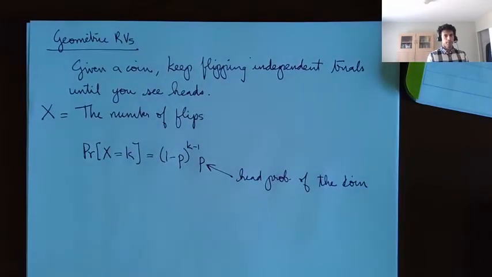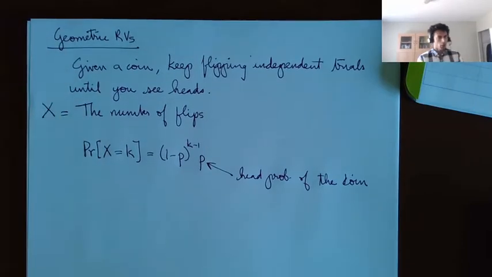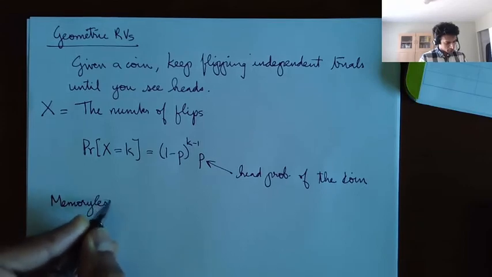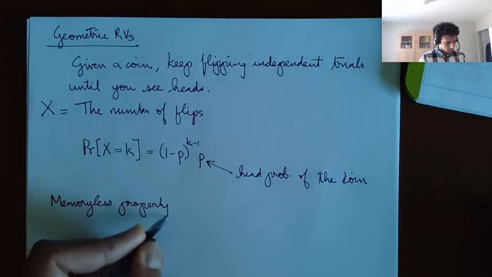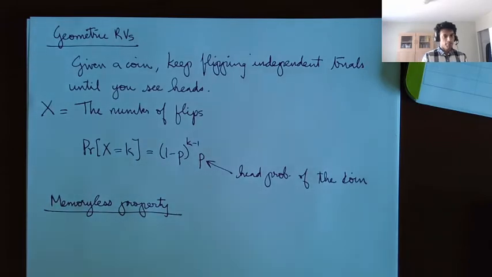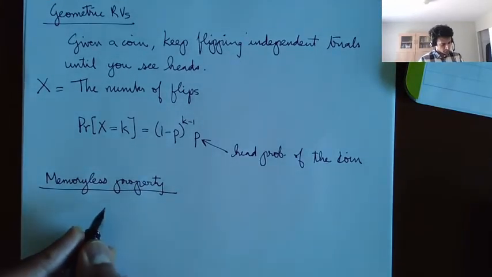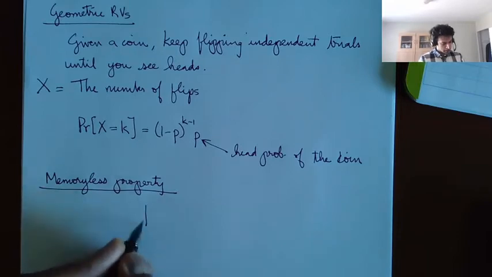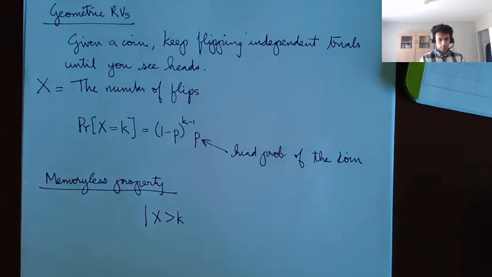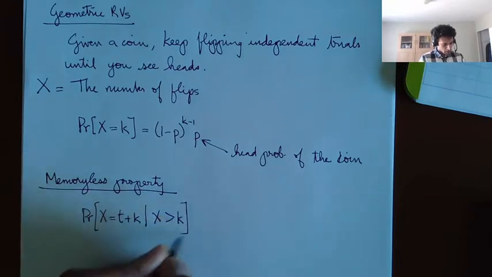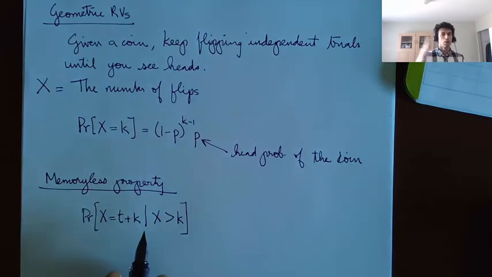Now, one of the key properties of geometric random variables is called memorylessness, the memoryless property. So what does the memoryless property say? Let's condition on X being greater than k. What is the probability that X is equal to t plus k, conditioned on it being more than k?